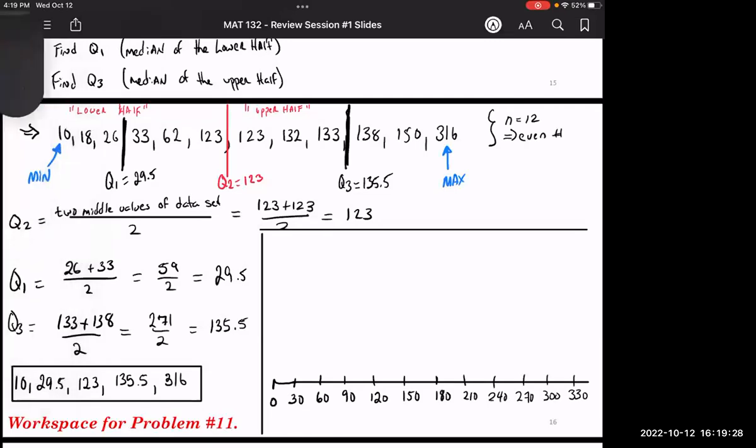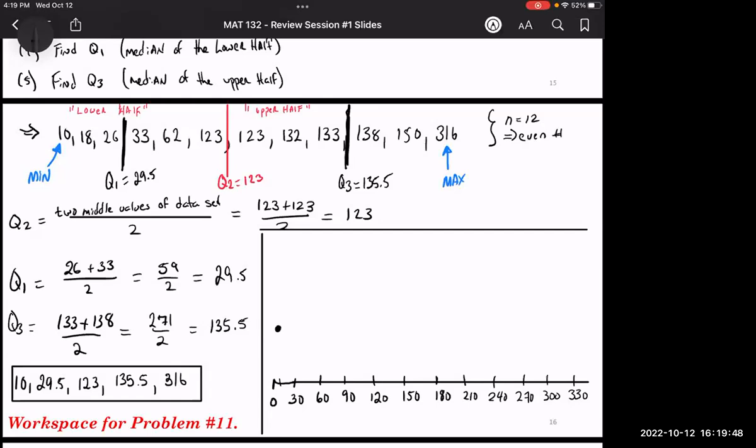When you're doing the 5-number summary, the smallest value, you plot them. So the number 10, just using an eyeball approximation, should be close to 0.